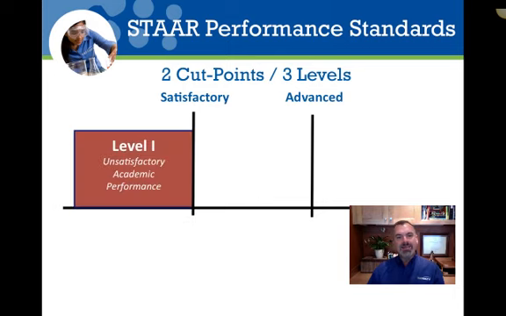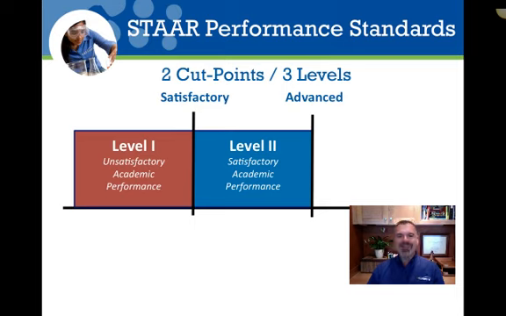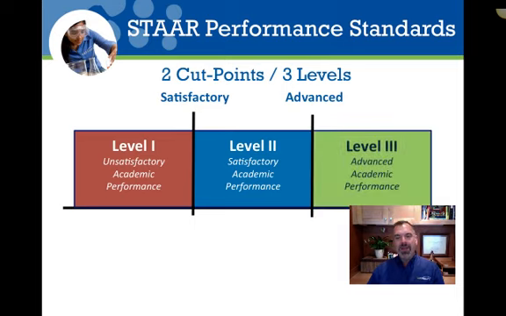Level 1, unsatisfactory academic performance. Level 2, satisfactory academic performance. And finally, Level 3, advanced academic performance. Now, students who take an end-of-course test may also have another score called the minimum score. The minimum score is useful in helping a student achieve a cumulative score requirement.